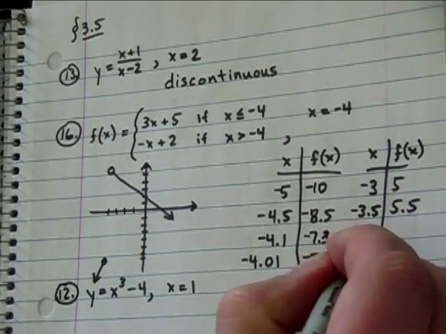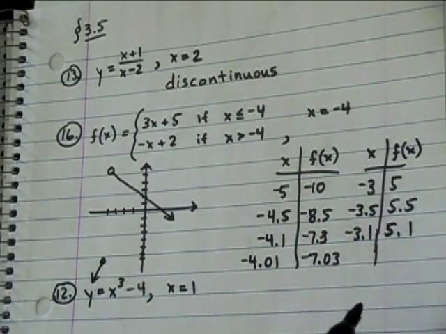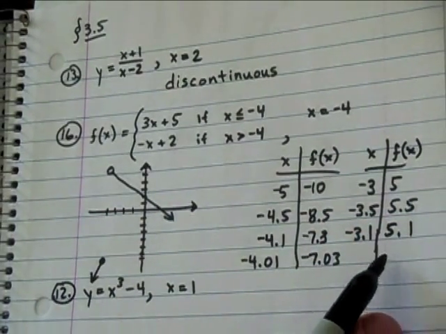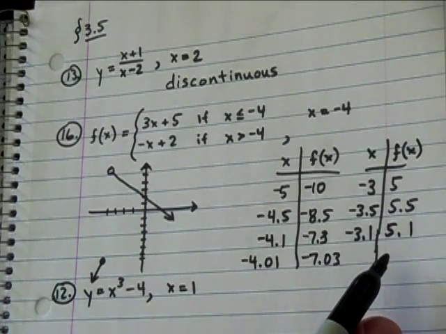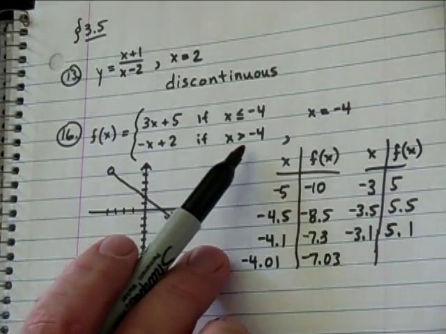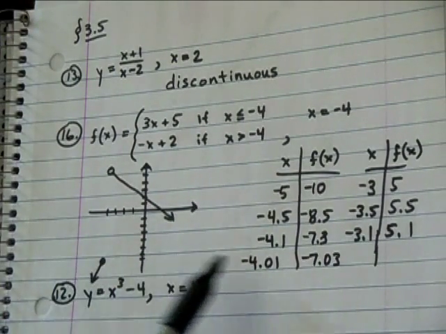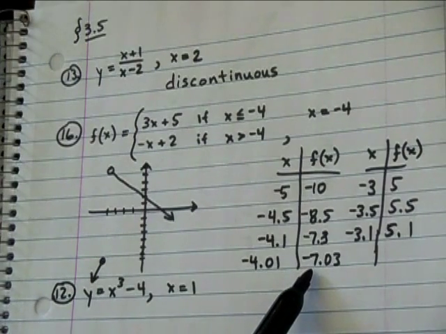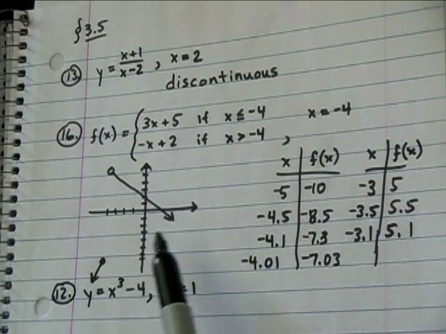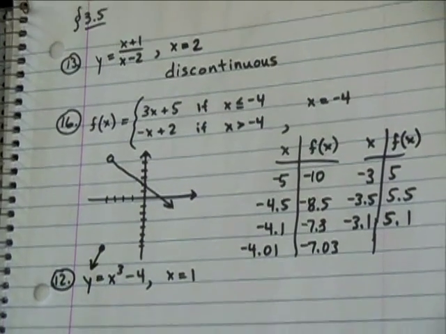And you could do -3.1. When you plug that in, you get +5.1, and so on. So you're getting closer and closer to +5. So in this case, as you come toward an x value of -4 from the left-hand side of your graph, you're approaching a different number than what you get as you approach from the right-hand side of your graph. Therefore, it is discontinuous.